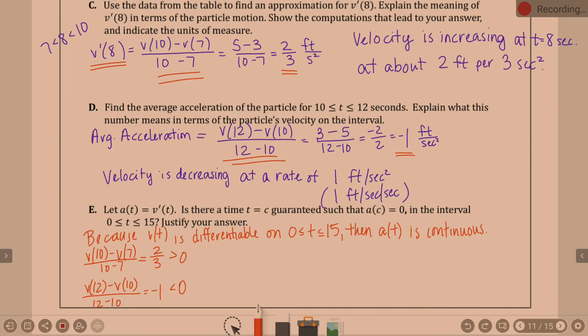So I can say, thus, a of t equals 0 on the interval from 0 to 15. Well, what do I want to say there? In my answer key, I wrote 7 to 12. You could do this either way here.